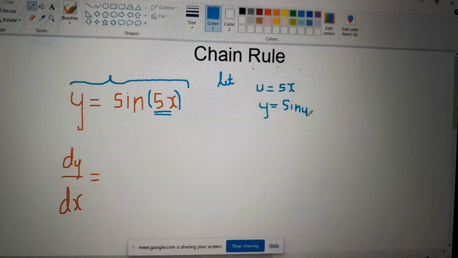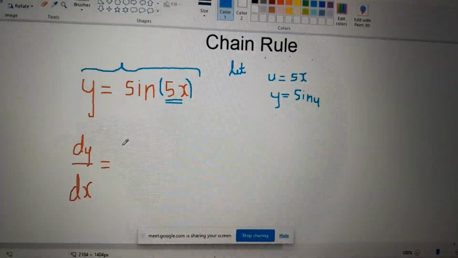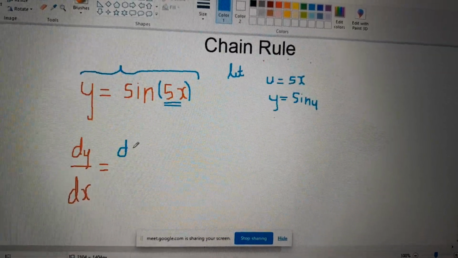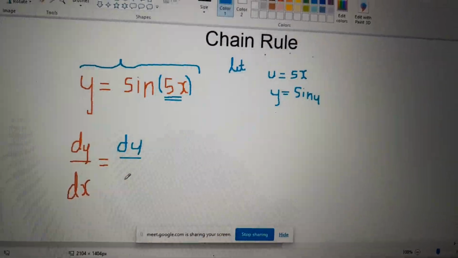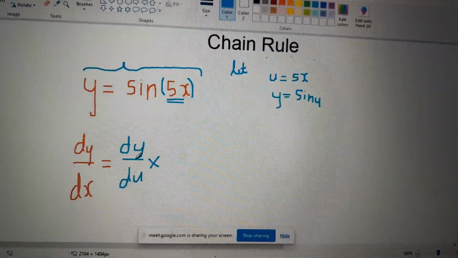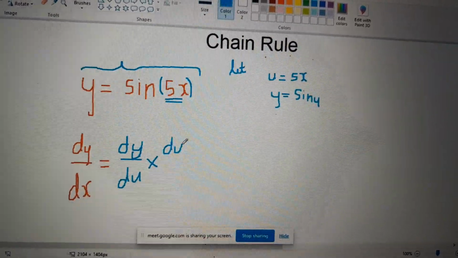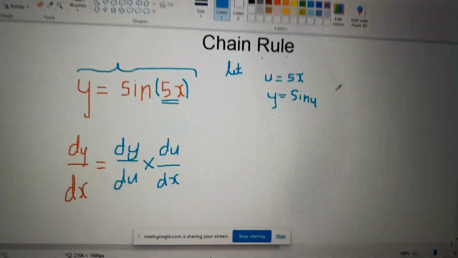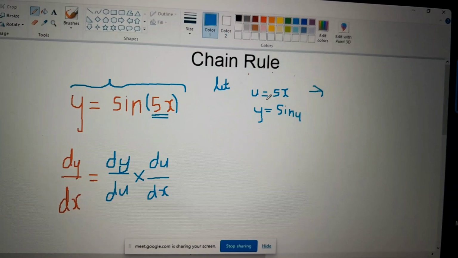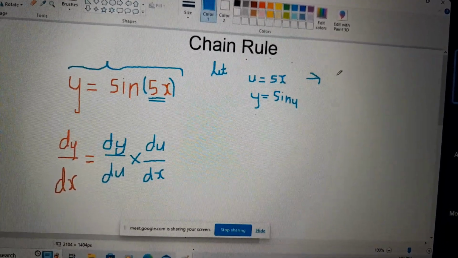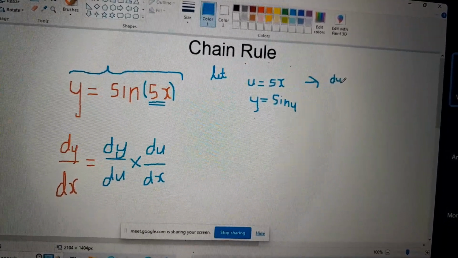Good. So remember the formula, it's dy/dx equals dy/du times du/dx. So let's find the derivative of 5x. That would be du/dx.